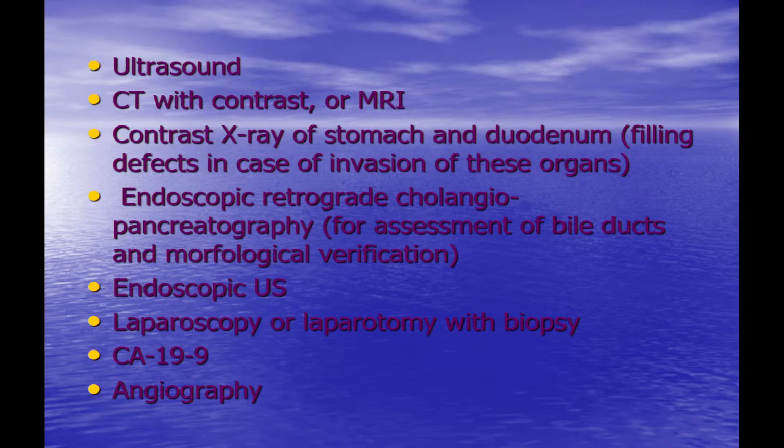Endoscopic retrograde cholangiopancreatography for assessment of bile ducts and morphological verification. Endoscopic ultrasound, laparoscopy or laparotomy with biopsy. Cancer antigen 19-9, angiography.